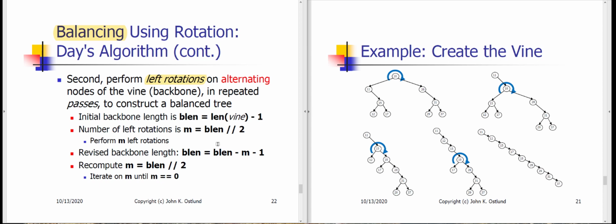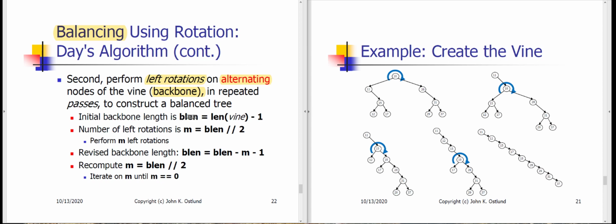We're going to apply left rotations on alternating nodes, starting from the top of the vine, or of what Day calls the backbone. And we're going to do repeated passes down this backbone part of the tree until we use up the backbone. Okay? And it will turn out that when we're done, we're going to have a balanced tree.